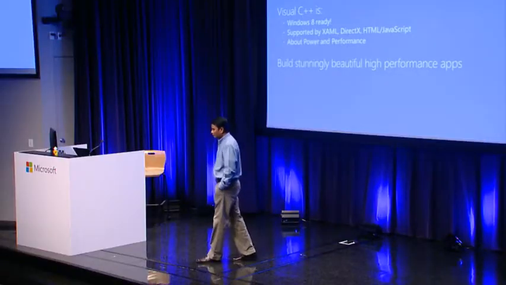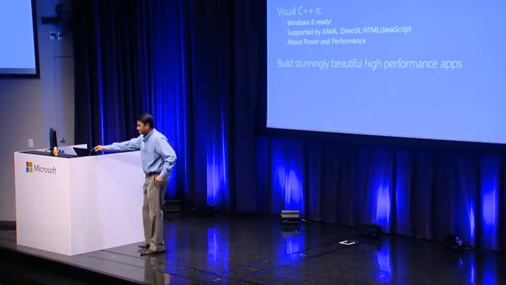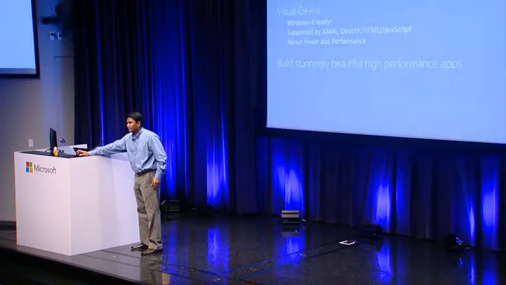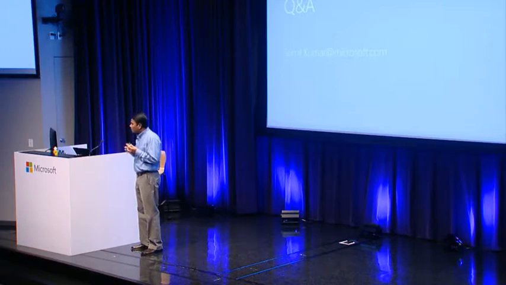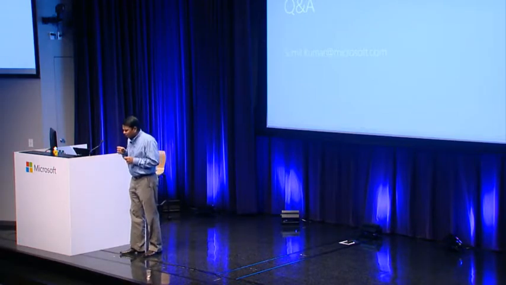You just mentioned mixing JavaScript and C++. Is there a JavaScript runtime engine that interprets the JavaScript code at runtime, or how do you do that? So let me make sure I understood your question.